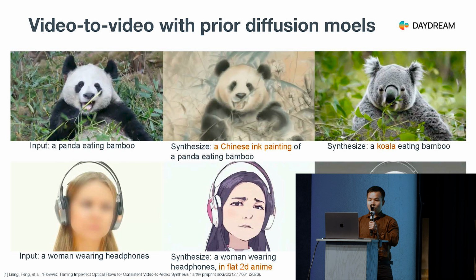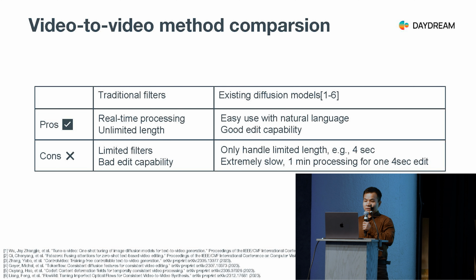Recently, we have diffusion models, and we have diffusion model-based video-to-video models. So we can change the panda to Chinese ink painting, or we change the panda to koala. And for the lady, we can change to other styles, and we can swap the lady to a Greek statue. These prior diffusion models are really, really impressive and powerful.